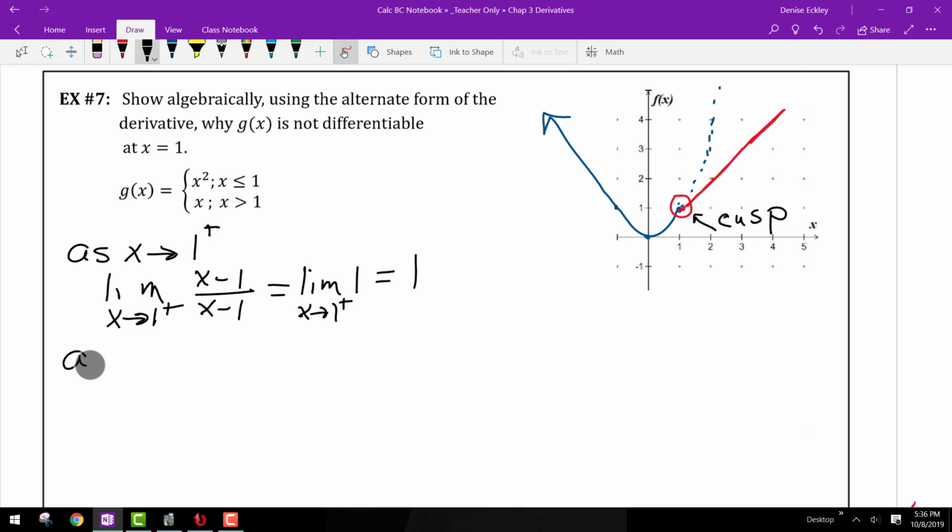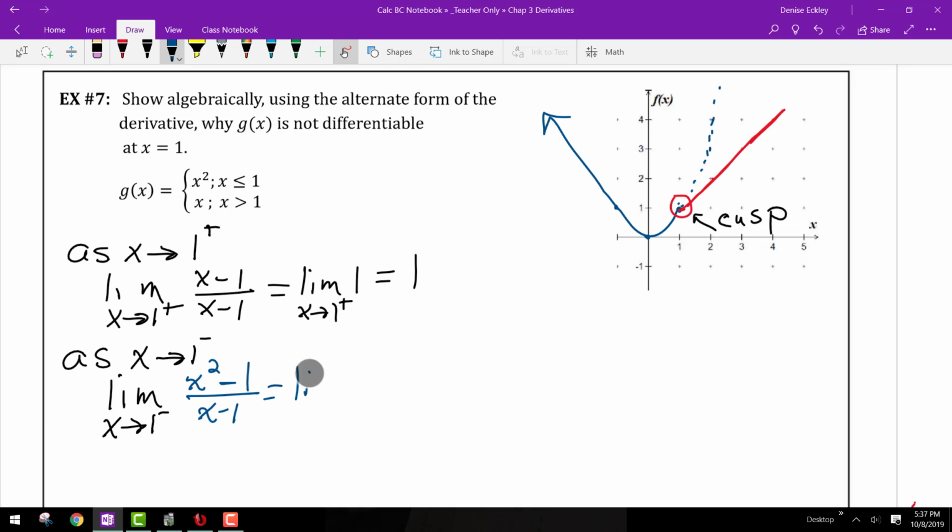And then when we do the same limit as x approaches 1 from the left, we're going to take the limit as x approaches 1 from the left, and now we're going to use the x squared. So this is going to be f of x, which is x squared, minus f of 1, 1 squared is 1, over x minus 1.